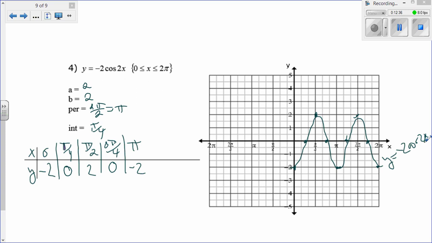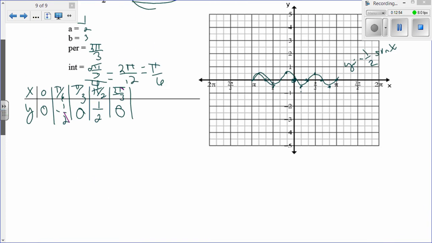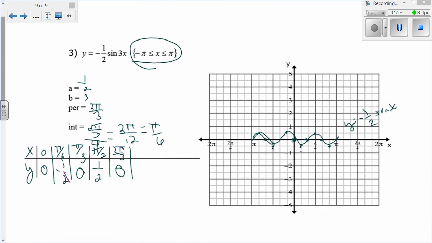Now, when you look at the graph, your amplitude is 2, so your height should be 2, and you should see two cosine curves between 0 and 2 pi, remember, because that's what the frequency means. And it looks like it's inside out because your amplitude, or your a value, is negative. Let's go back and look at our other graph here. Looking at the equation, y equals negative 1/2 sine 3x.